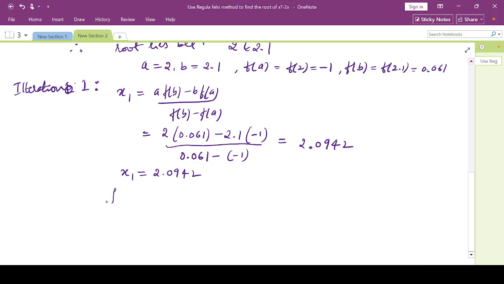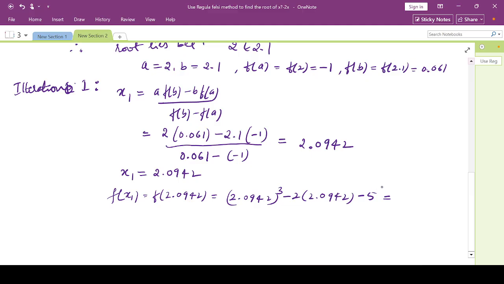For that, I need to verify f of this x1. What is f of x1? f of 2.0942, you people already aware of f of x. f of x is x cube, 2.0942 whole cube minus 2 times of 2.0942, minus 5.